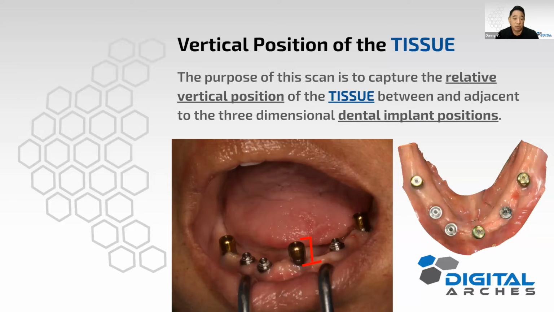The next thing that you want to capture, obviously, is the vertical position of the tissue. The purpose of this scan is really to capture the vertical position of the tissue between and adjacent to the three-dimensional dental implant positions.